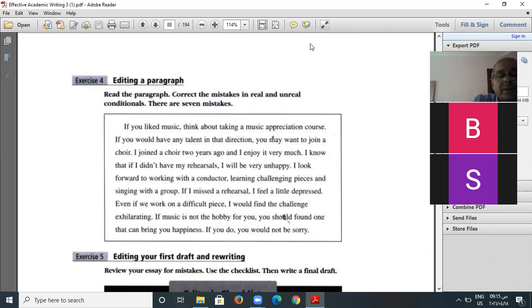I joined a choir 2 years ago and I enjoy it very much. I know that if I didn't have my rehearsals, I would be very unhappy, because it's unreal.